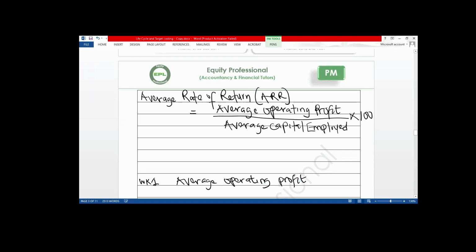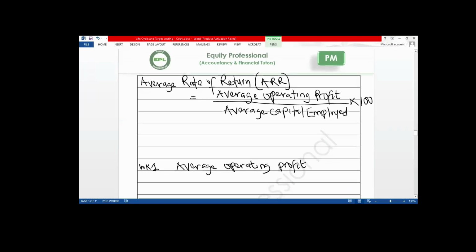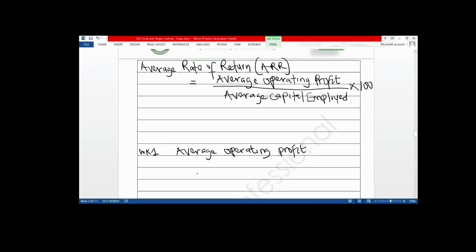Now go check the question. What is the operating profit for 2019 and 2020? 2019 operating profit, what is the value? 70 million. And this is 80 million.